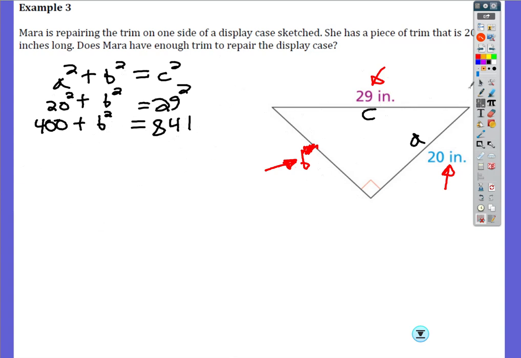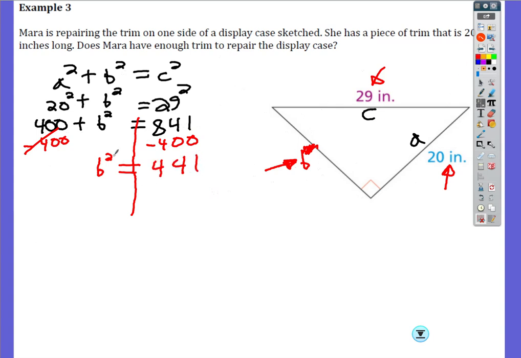So now I just solve this. I want to get to this square, but I have to deal with this addition first. 400 is being added, so let's undo that by subtracting 400 from both sides. That cancels out, and I'm left with b squared is equal to 441.